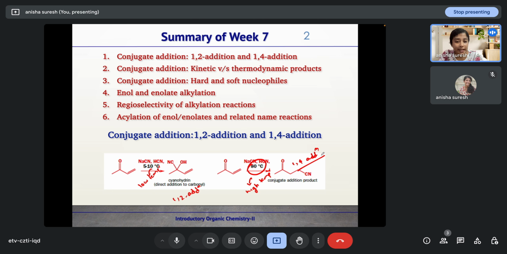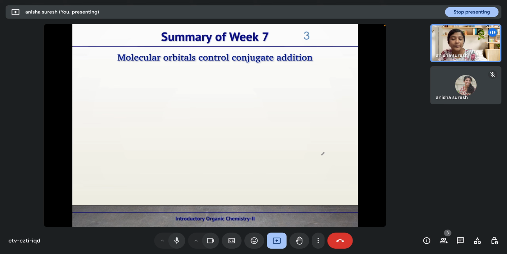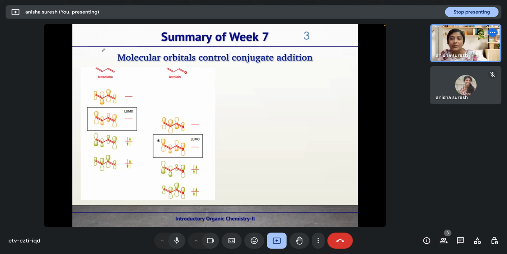So why is this happening? This can be discussed based on the molecular orbital pictures. This is butadiene, and if we replace one of the carbons with oxygen, we get acrolein, which is a 1,4 addition precursor. Here for butadiene, the molecular orbitals will be as such.